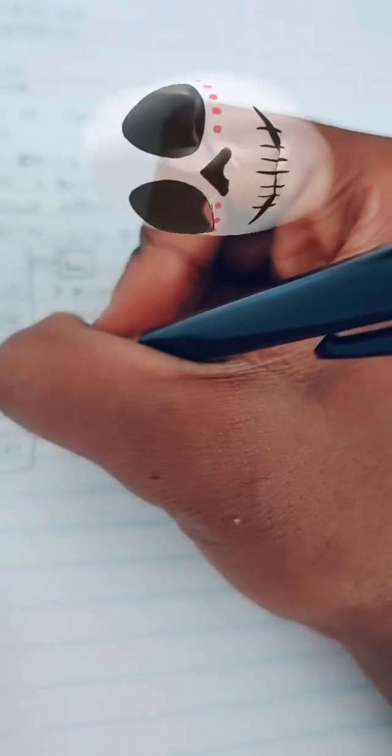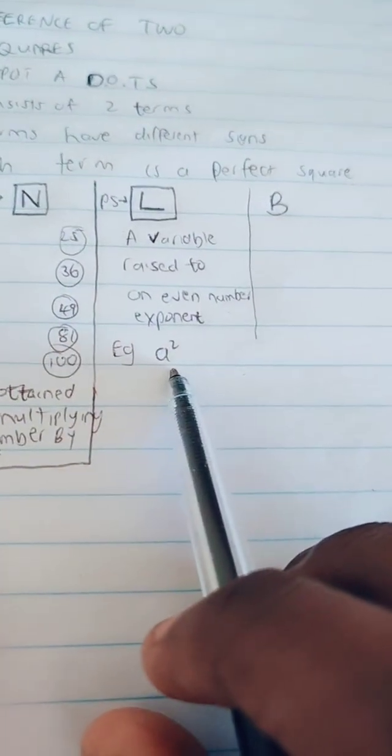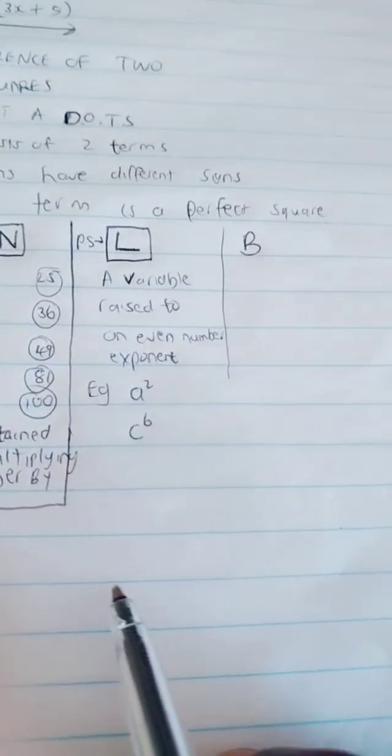Any variable, any letter of the alphabet, the minute it is raised to an even number exponent, we call that a perfect square variable. So for instance, your examples are a squared, c to the power 6.